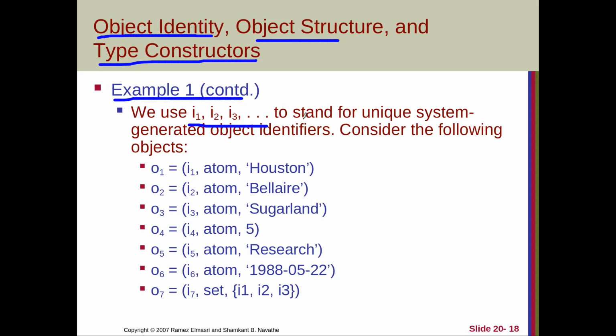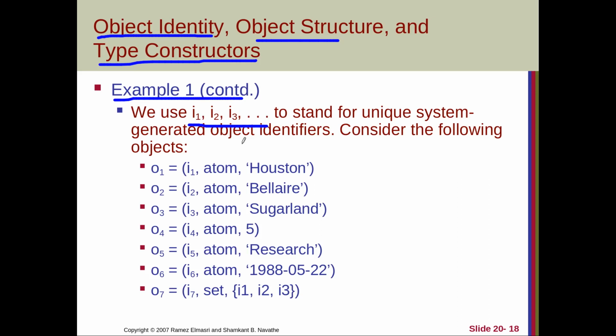It is only a number for explanation, but the system will automatically generate these numbers internally. So we don't know what the actual format of this ID is, but it is unique of course. So we are simply using I1, I2, I3 to represent these IDs.